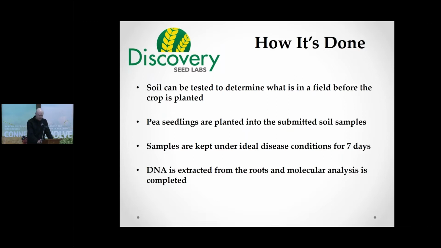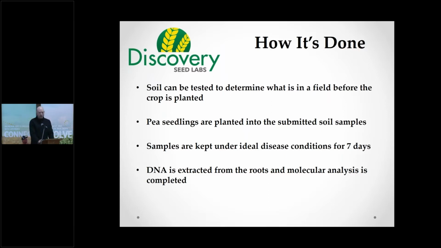For soil testing, this is something that you would do pre-seeding. Usually people will survey fields that they're thinking about putting a pulse on the fall previous to planting. So we can take a soil sample from that field and submit it to the laboratory. For our Aphanomyces testing, we call it a bait test.